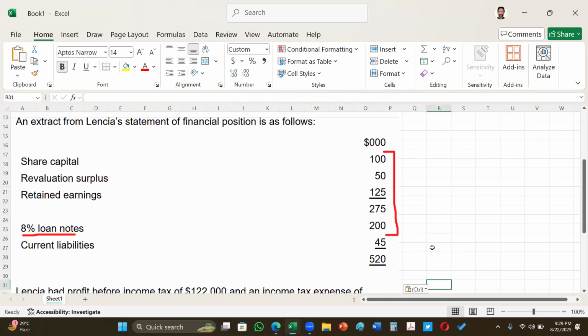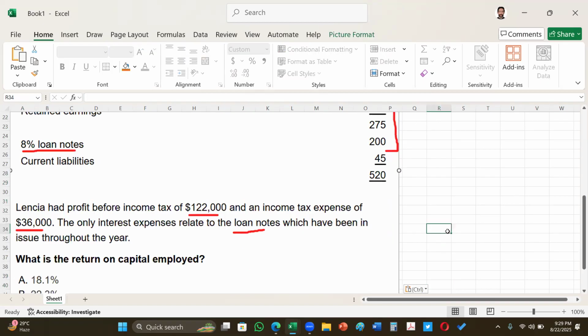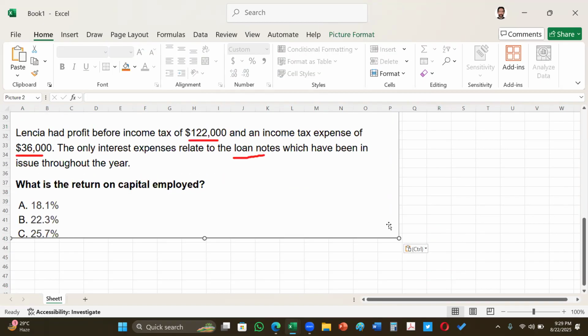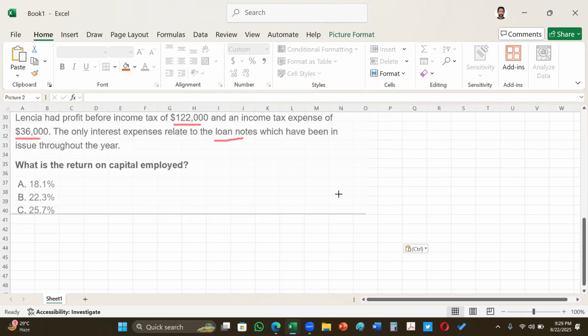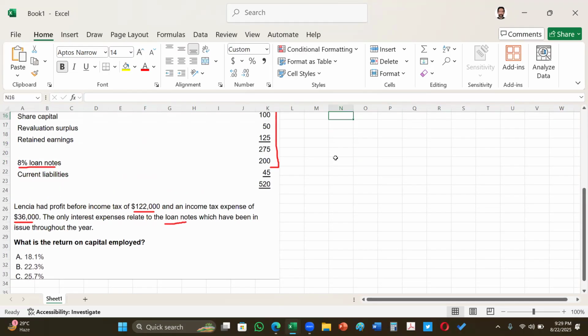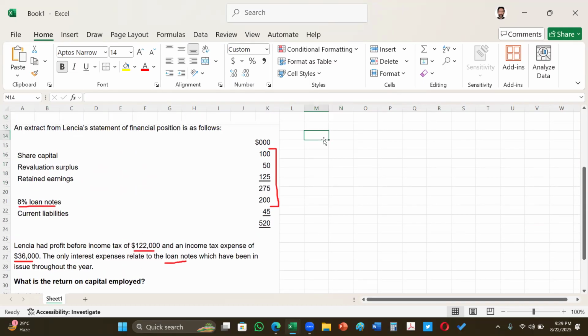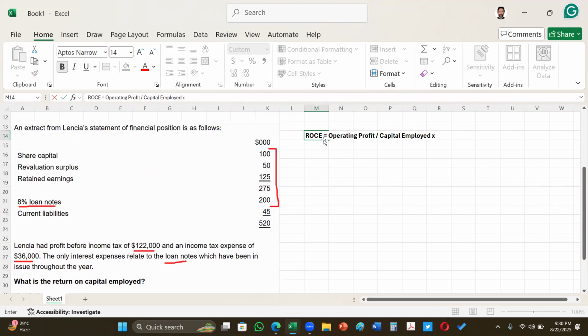Okay, so we have ROCE equal to your operating profit divided by your capital employed, multiplied by 100.